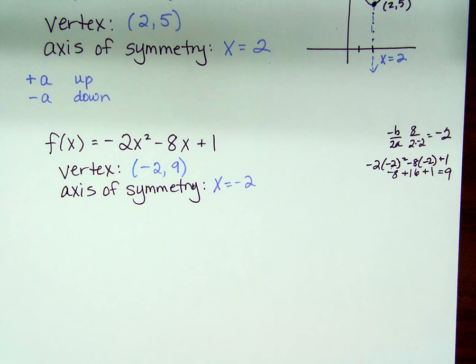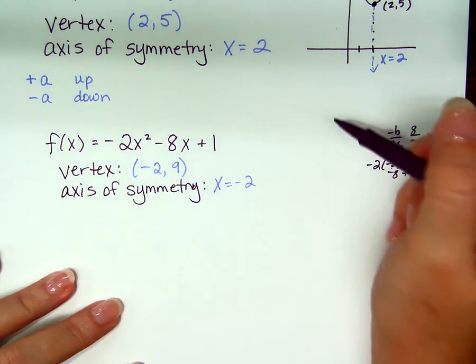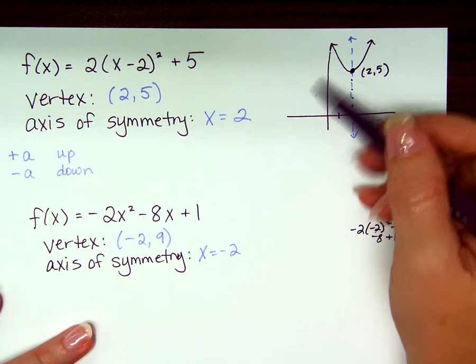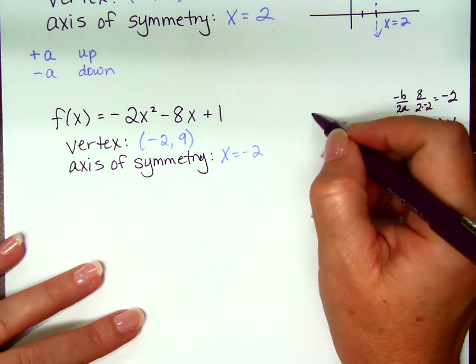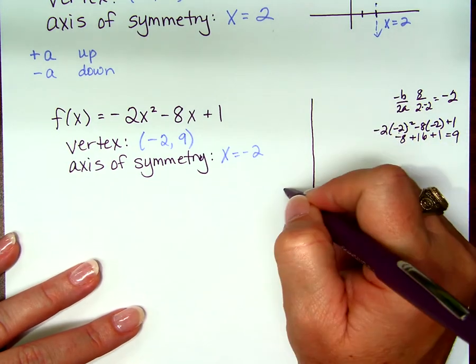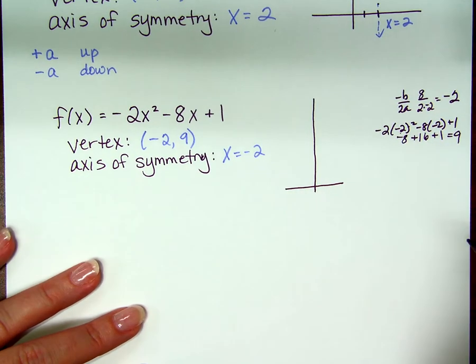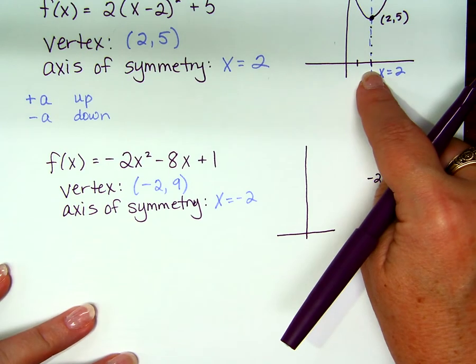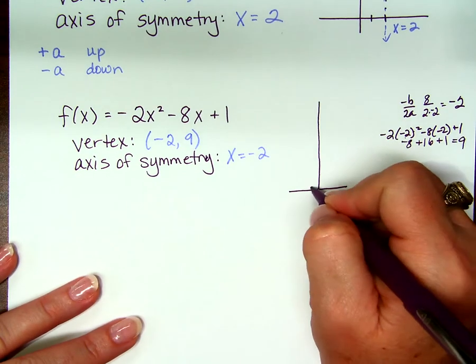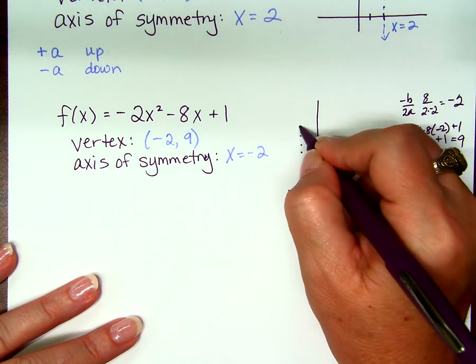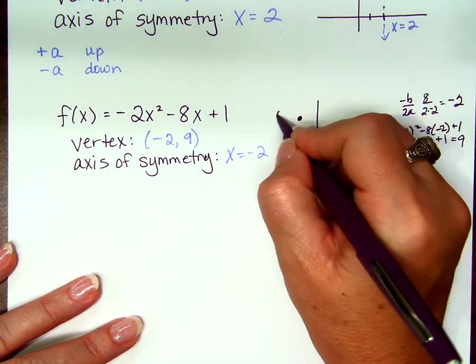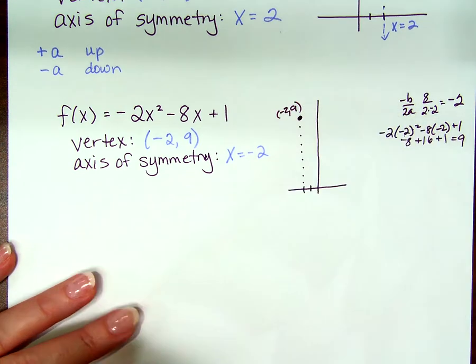Now for my graph. I got to think ahead about this a little bit, right? I want to plan ahead. If I just use this graph, I would go negative 2, positive 9. So when I draw my graph, I really need to give myself some room over there, right? Because I got to go negative 2 and then 1, 2, 3, 4, 5, 6, 7, 8, 9. Negative 2, 9.